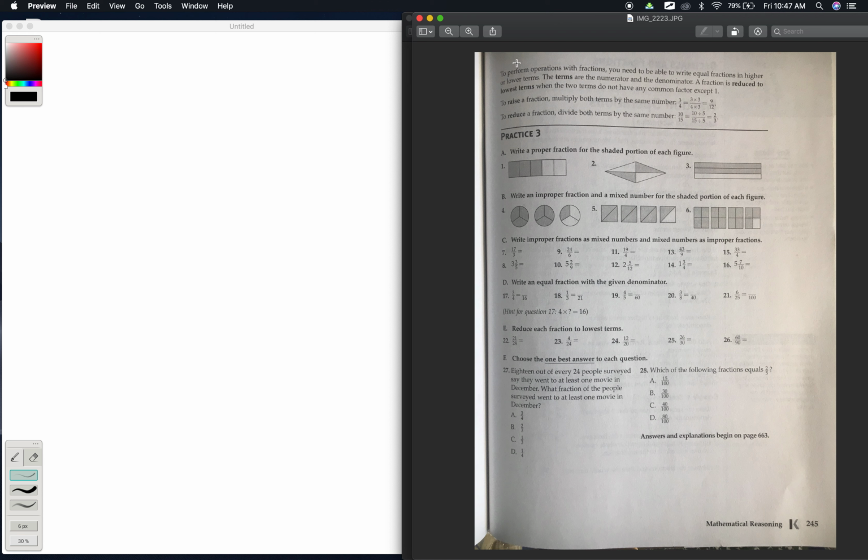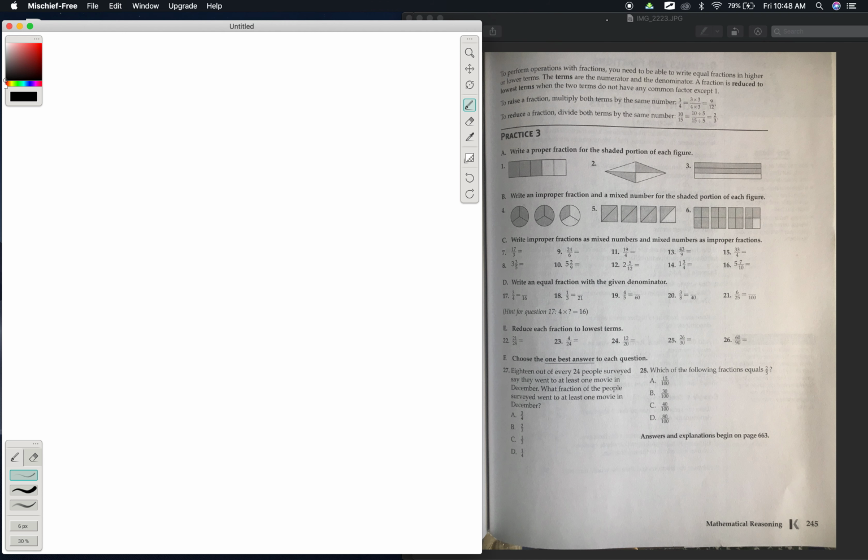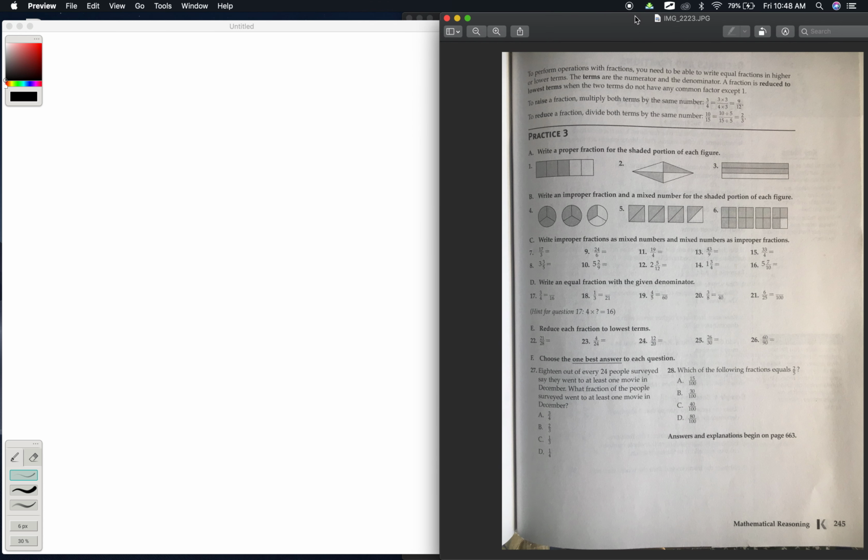Okay, so to perform operations with fractions, you need to be able to write equal fractions in higher or lower terms. The terms are the numerator and denominator. The numerator is the top number in a fraction. See this 3/4 right here? The top one, 3, is the numerator.